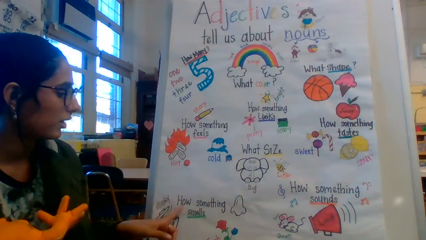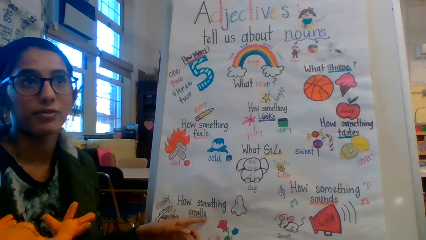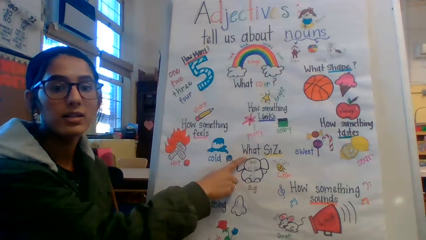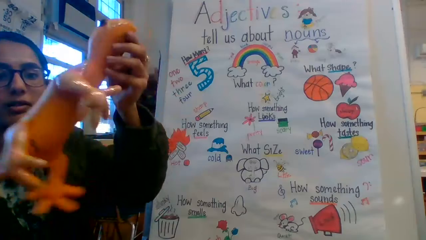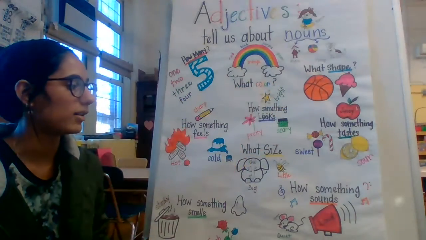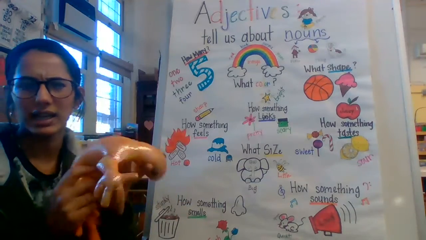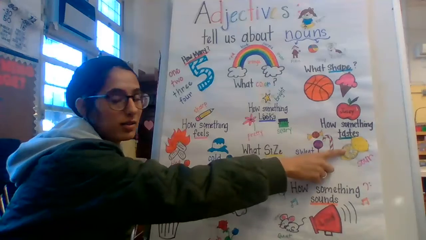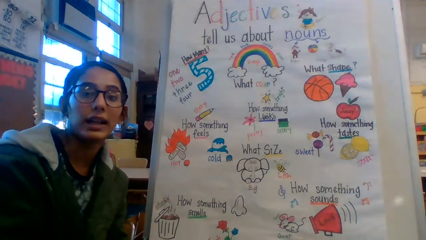If it applies. It tells you how something smells. So does it smell fresh or does it smell stinky? It could tell you the size. Is it big? Is it little? So I would say this is kind of big, right? It's pretty big. It tells you how something sounds. This doesn't really have a sound, so I can't really describe it by sound. How something tastes. So it could be sour like a lemon. It could be sweet like candy.